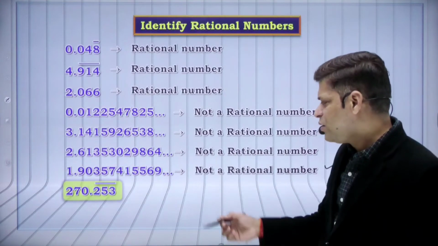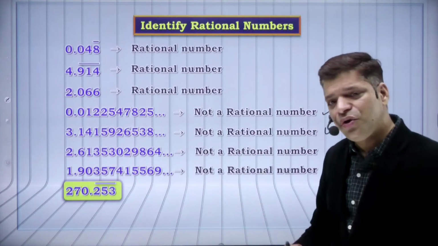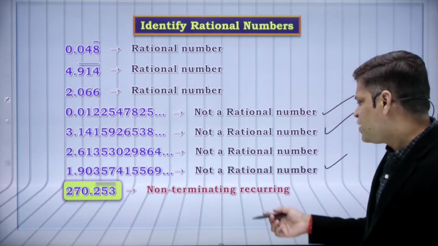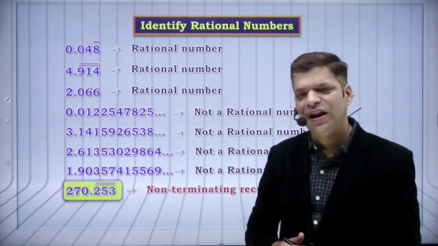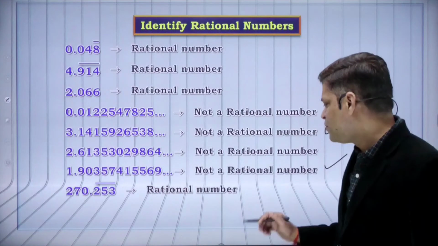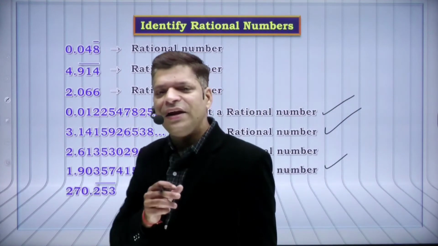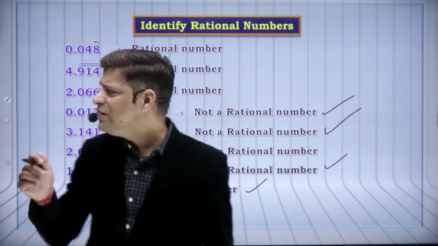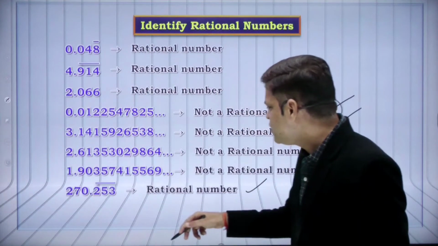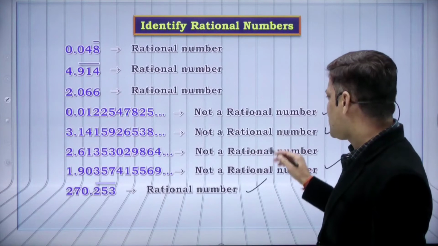And the last one, a bar is applied on 253. So simply we can say this is non-terminating and recurring. So this is a rational number. Okay. So here we categorize, or we identify, which of these numbers are rational numbers and which are not rational numbers.